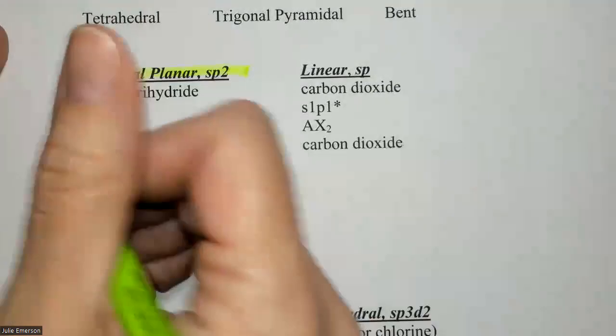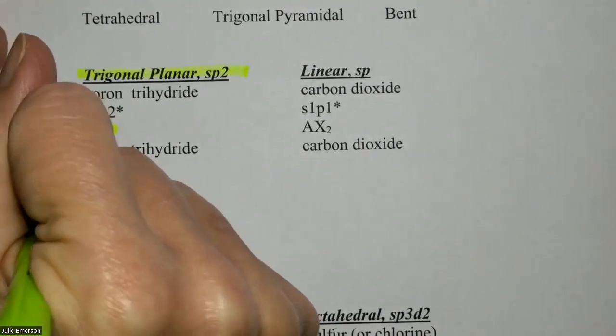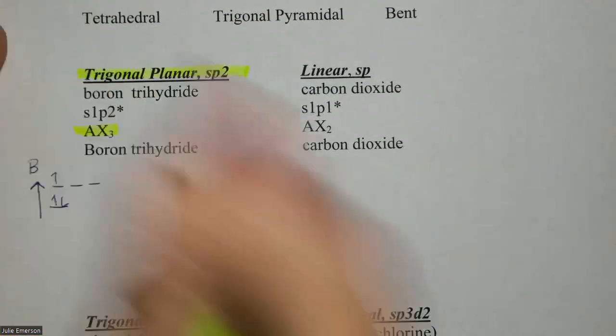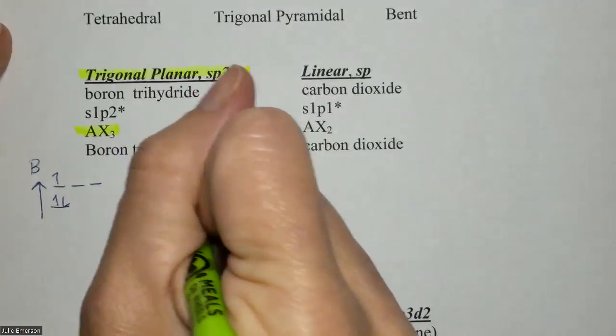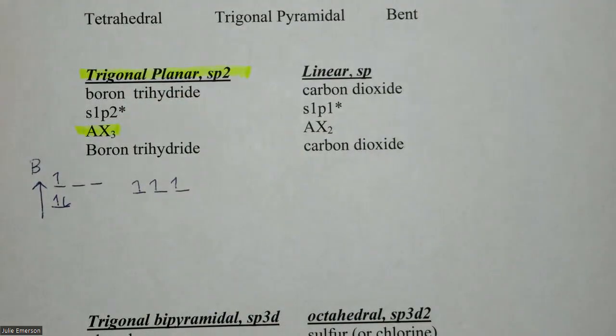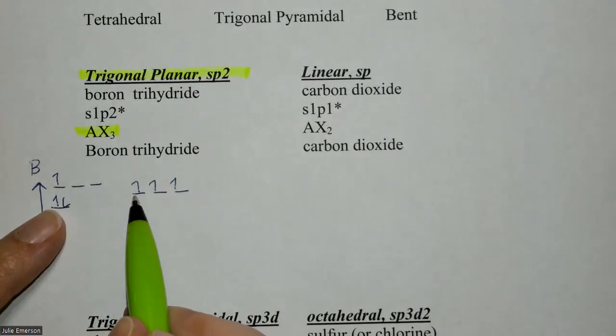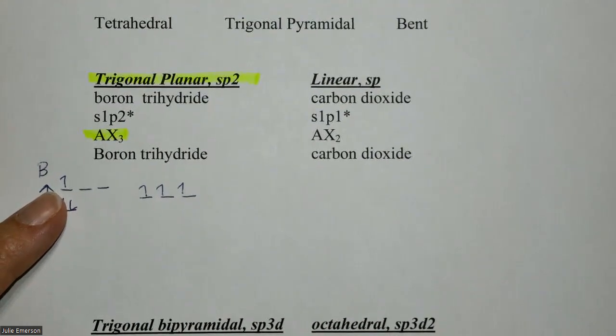So here's what happens. When you look at boron by itself, it's an S2 P1, all right? When it goes to bond, it only needs 3 orbital spots. So you take the S and then you take 2 of the P's, and then you might be like, well, where's the other P orbital?